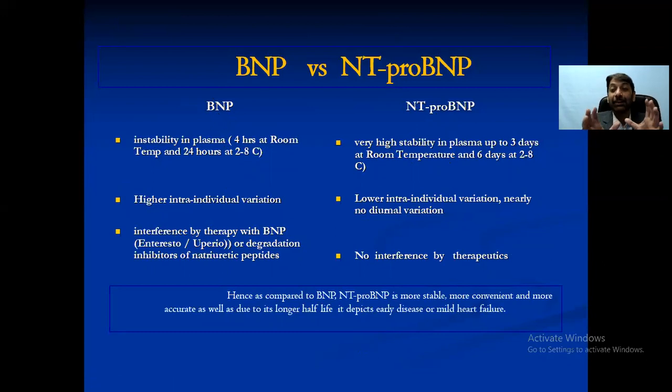So when you're using a neprilysin inhibitor in a patient with heart failure, it will certainly cause a false increase in BNP levels, because you are inhibiting neprilysin and BNP will be raised, while NT-ProBNP will remain the same. So this sacubitril valsartan combination is not going to affect the measurements of NT-ProBNP, but it will affect the measurements of BNP. And that's very important nowadays.